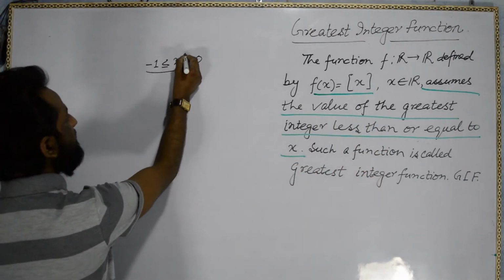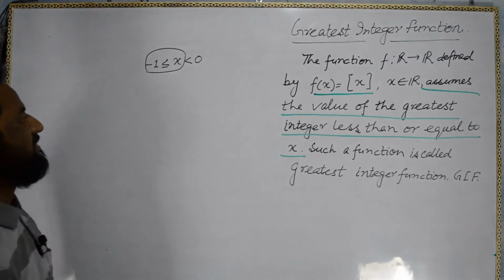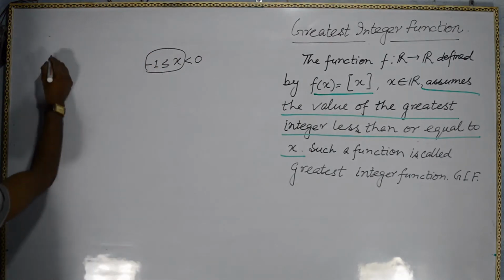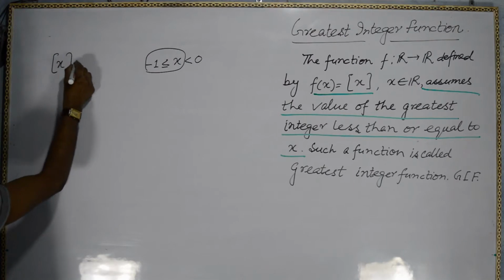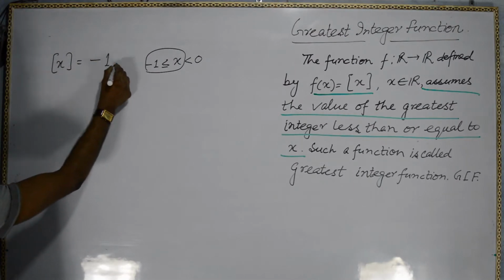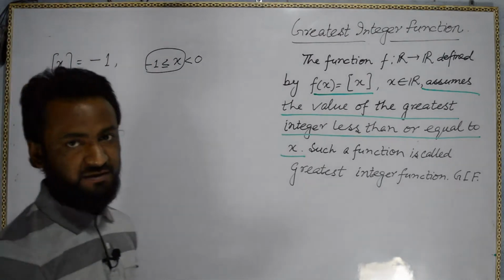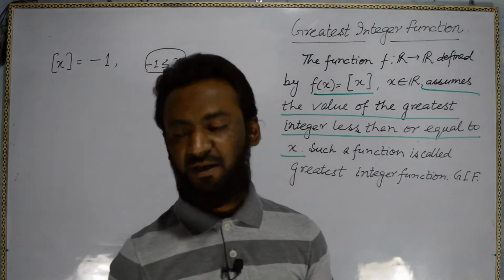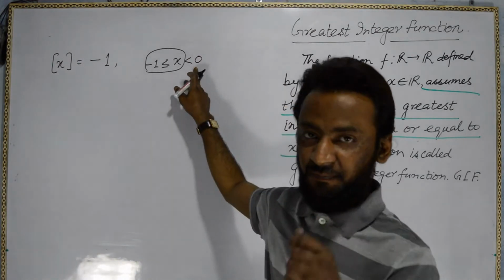So the greatest value which is less than or equal to x is -1. So bracket x will be equal to -1 for x belonging to closed -1, open 0.